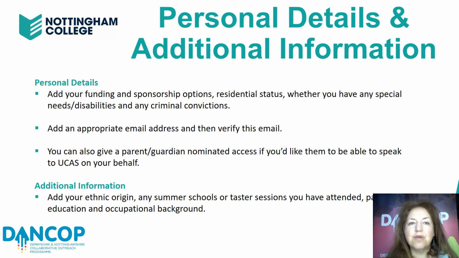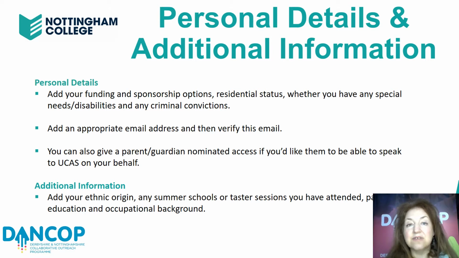Add an appropriate email address and verify your email, and then you'll be able to continue with the form. You can also give a parent or guardian or somebody else nominated access. That means that they will be able to speak to UCAS on your behalf if needed.